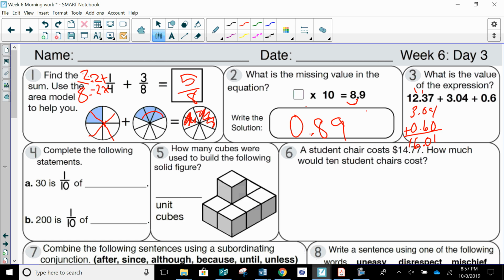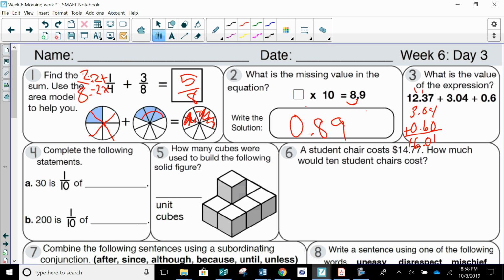All right, number 4 says 30 is 1/10 of something. Okay, we talked about something being 10 times as much. Yesterday we talked about that 70 is 10 times as much as 7, which meant I took 10 times 7.